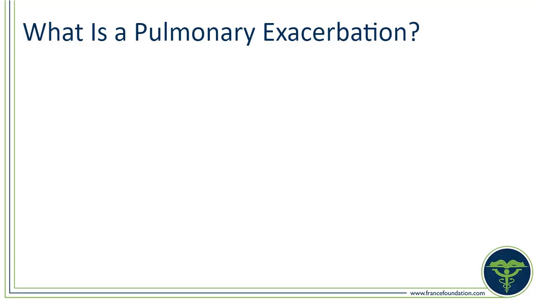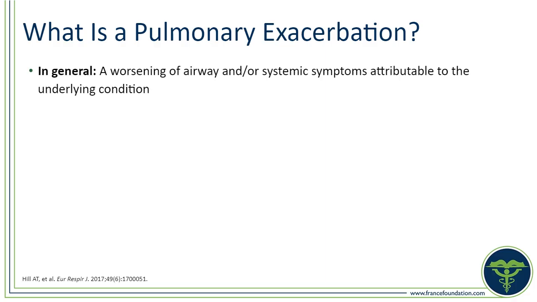In the clinical practice of bronchiectasis, we're often left looking to determine what is considered a pulmonary exacerbation of bronchiectasis. And this is generally characterized as a worsening of airway and or systemic symptoms attributable to the underlying condition of bronchiectasis.